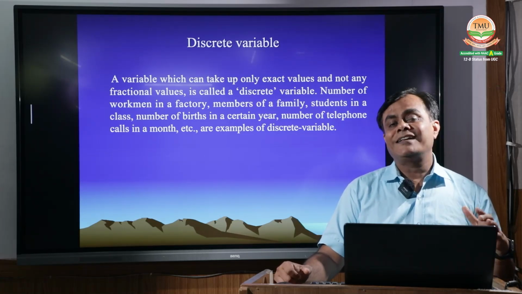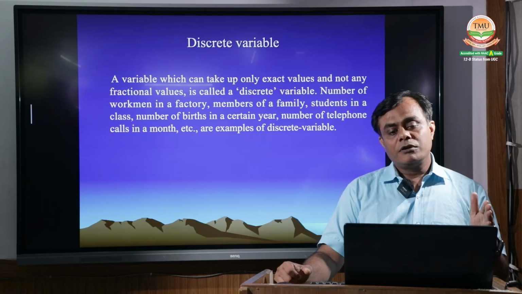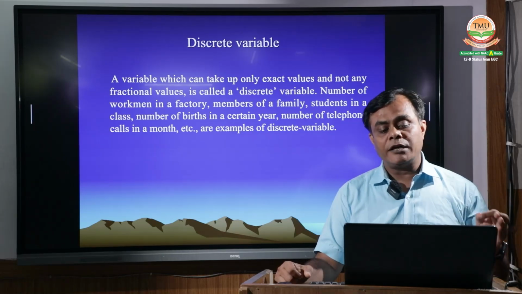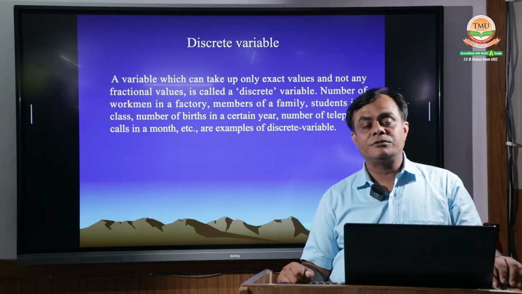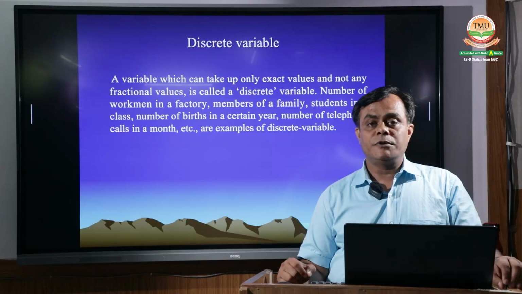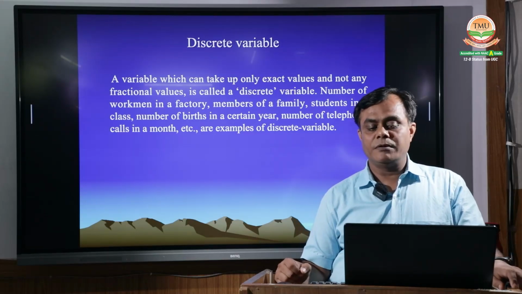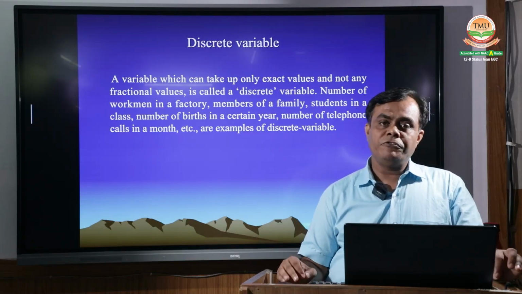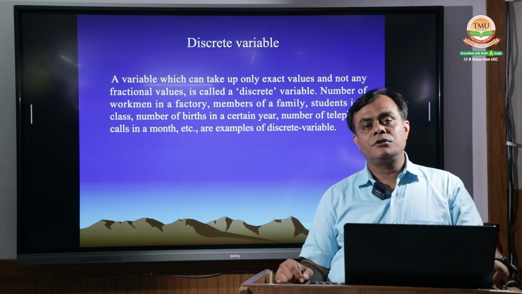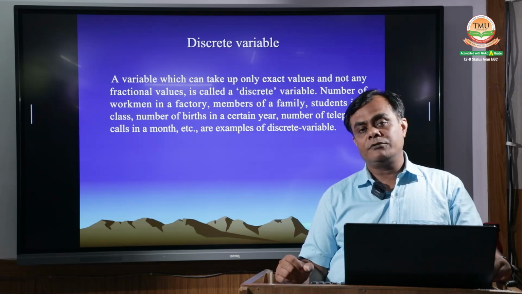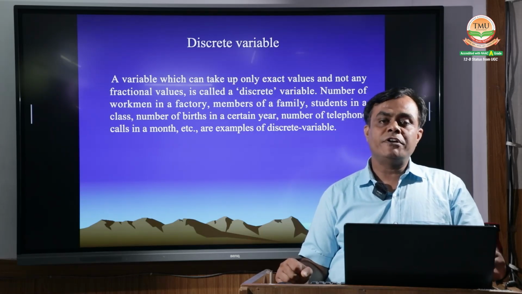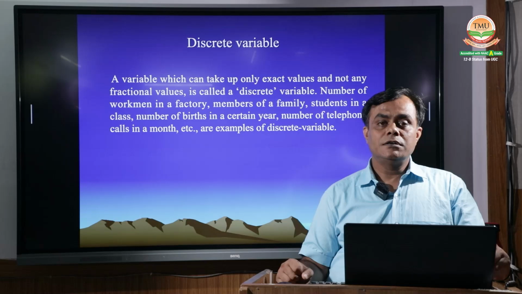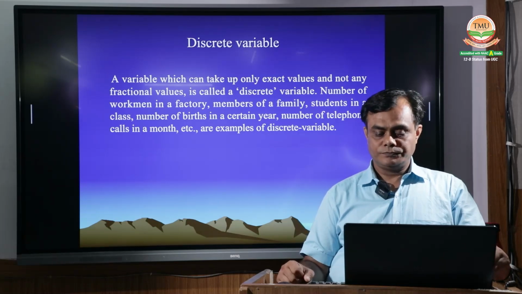These are all examples of discrete variables because we cannot use a fraction or decimal in this type of variable.